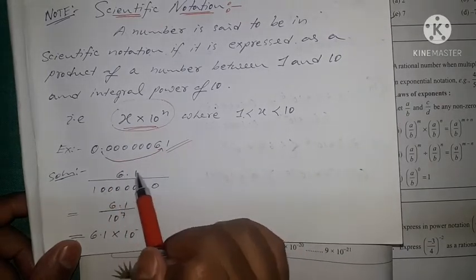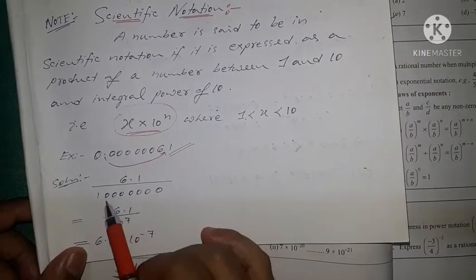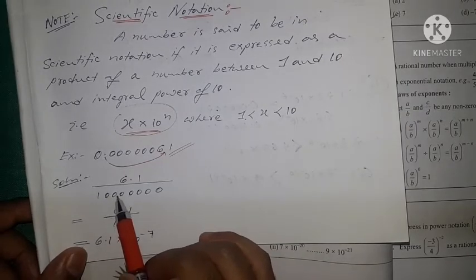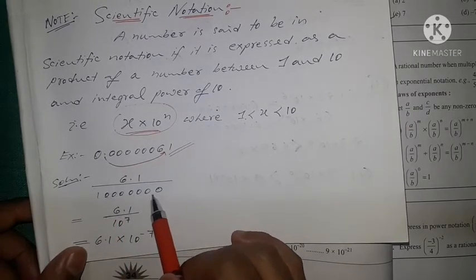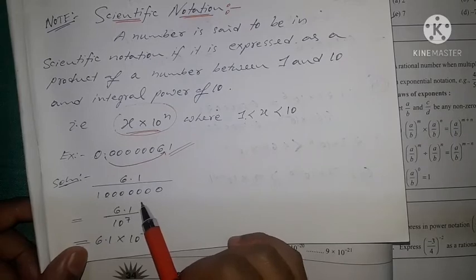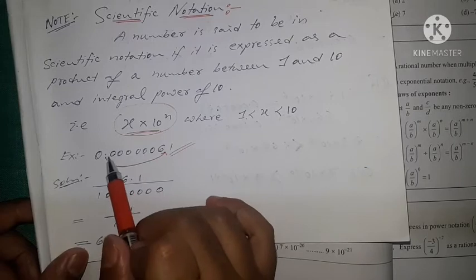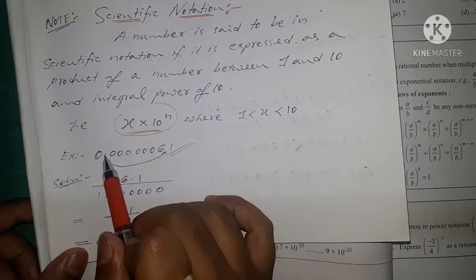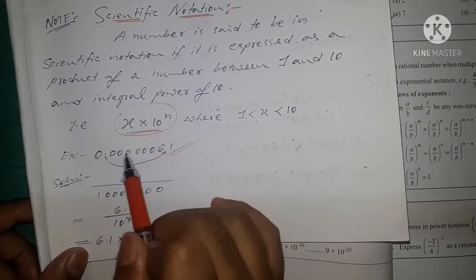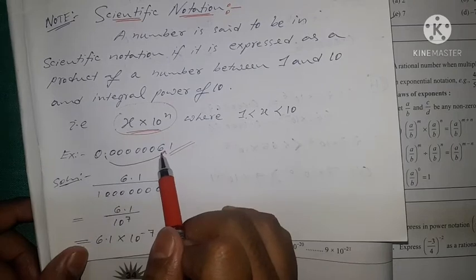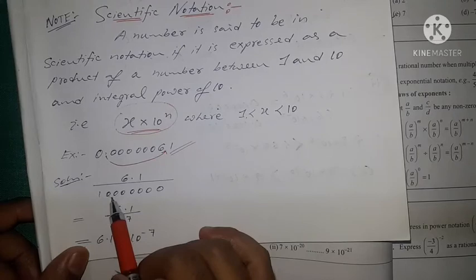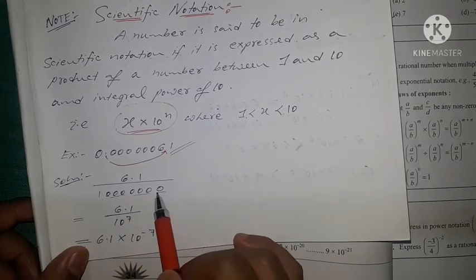If we shift here to 6.1, the denominator becomes like this, that is 0 0 0, again 0 0 0, 7 zeros are there. Okay, already 6 zeros are there, and since the decimal point is shifted one more place apart from the 6 zeros, therefore we have to divide by 7 zeros.